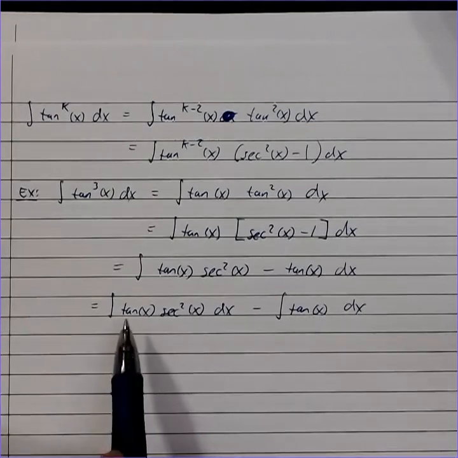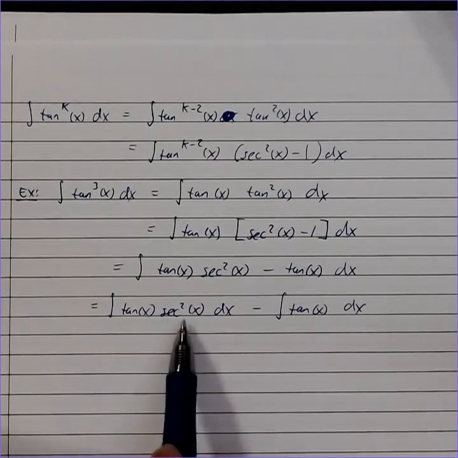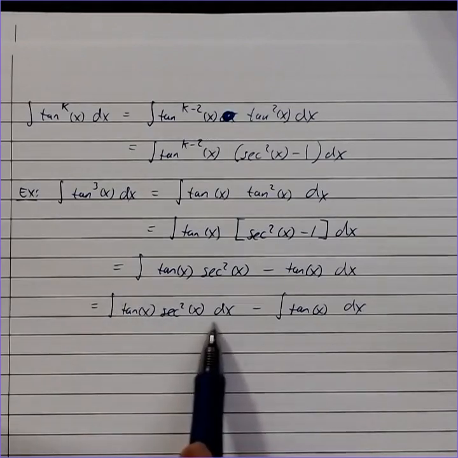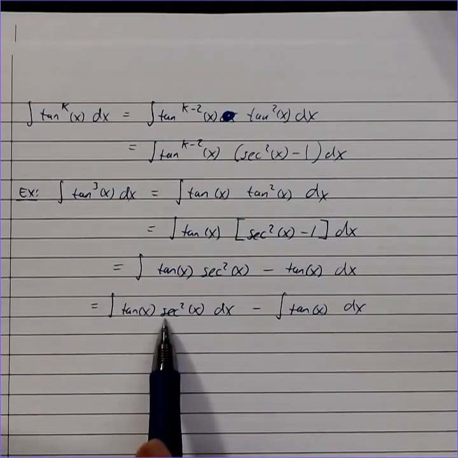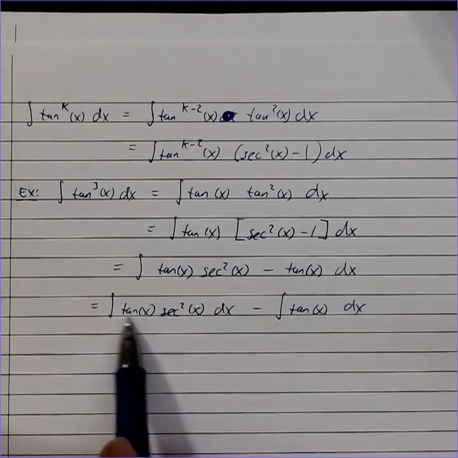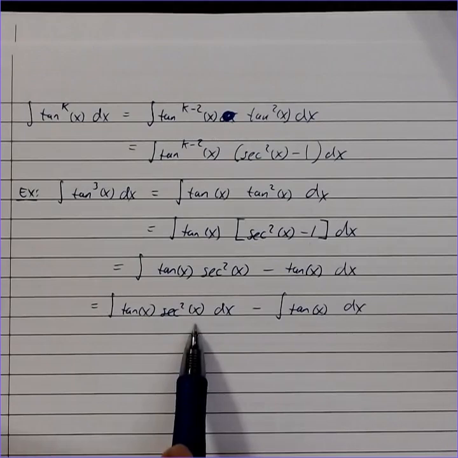Well, the derivative of the tangent of x is secant squared of x. So if you call tangent of x u, then secant squared of x dx right here is du. So this is u du. And the integral of u du is u to the second over 2.